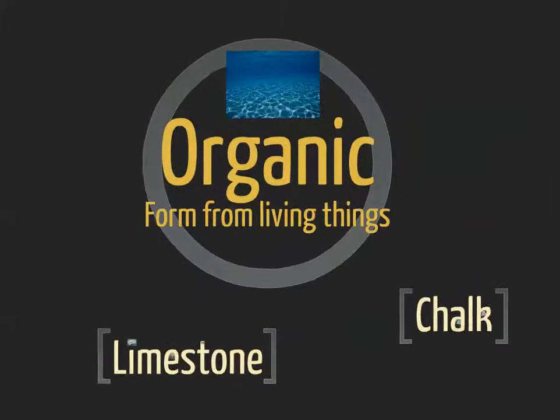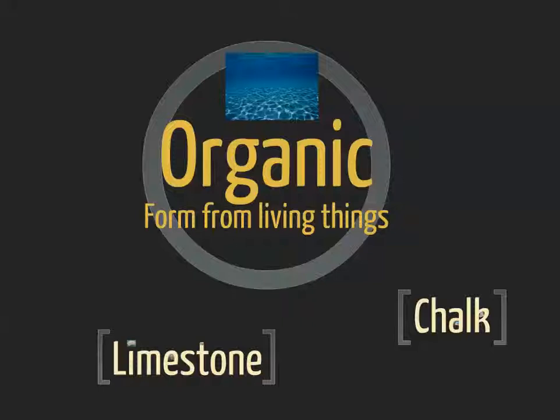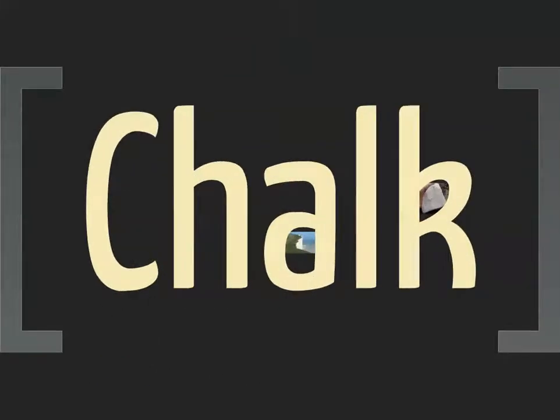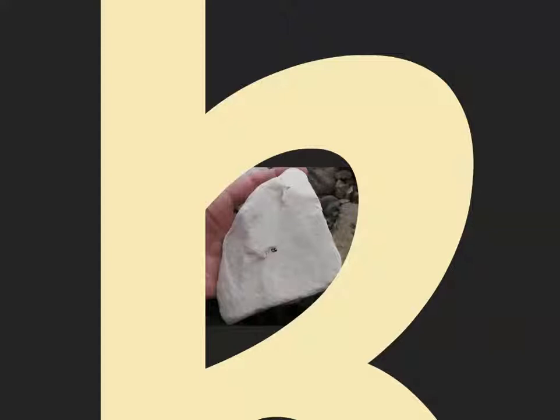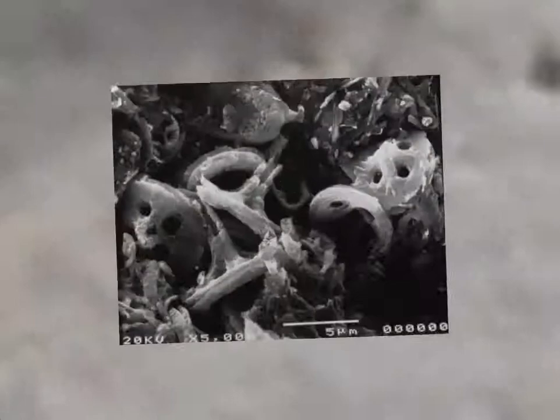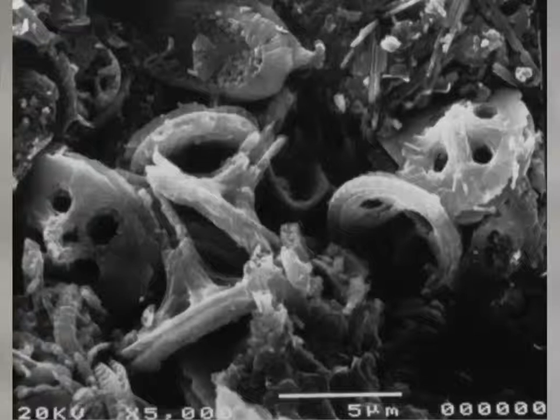So there's limestone. Chalk is another form of organic sedimentary rock. And chalk, if you look at it, it's really fine particles that make this thing up. If you look really, really close with a very powerful microscope, what you'll find is that these very fine particles are not bits of silt or sand.